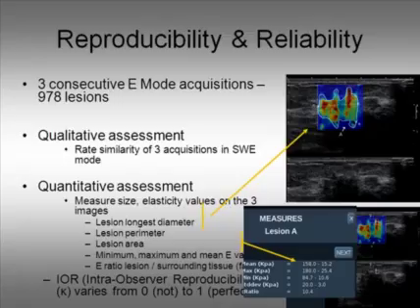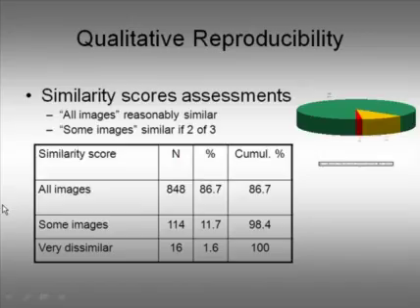Of the first 1,000 cases that have been analyzed, it has been found that this is a highly reproducible modality. If you look at similarity scores for elastography and for appearance, there basically was 98.4% agreement within observers about the appearance on the different elastography images that we obtained.